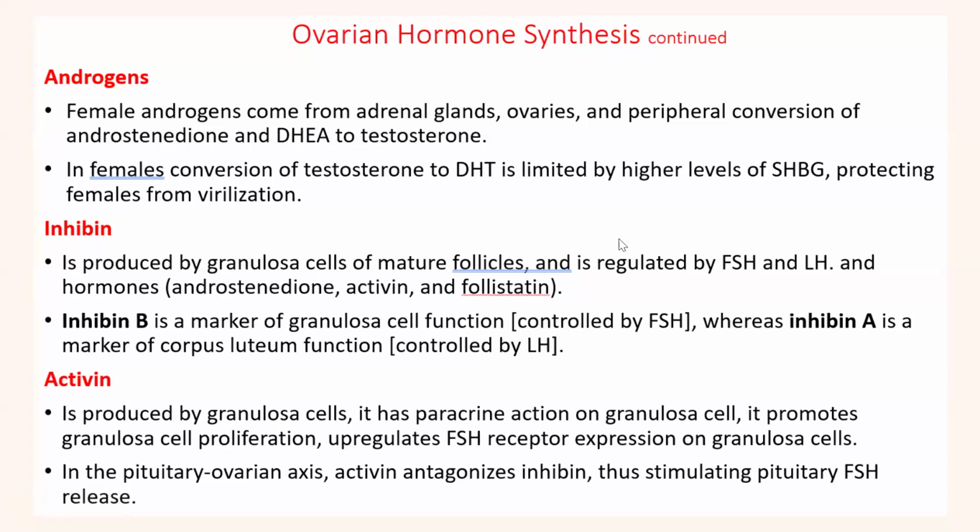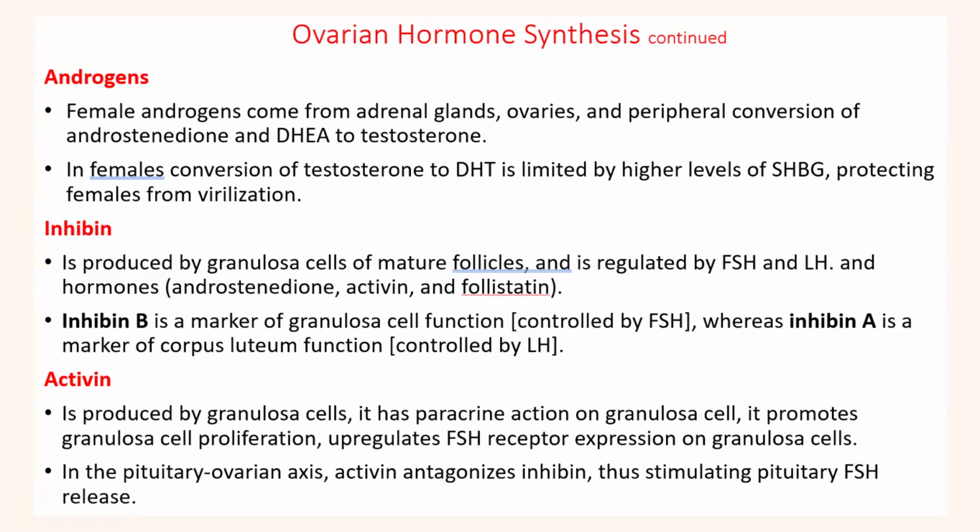As you see, I've inserted a picture from Dr. Abdul Jabbar Rasool's lecture. As you can see here, inhibin is produced by the granulosa cells. Inhibin is released by the granulosa cells of mature follicles, and it is regulated by FSH and LH. You need to be able to differentiate between inhibin A and inhibin B, because the doctor can ask.